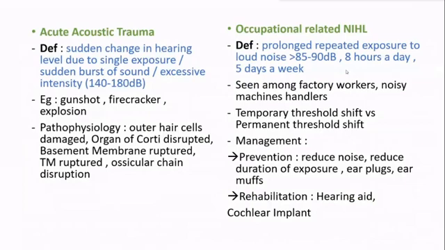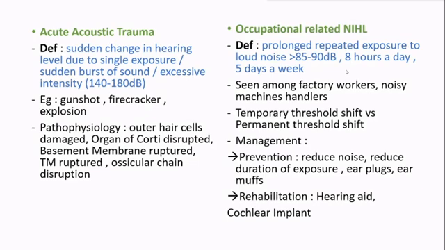Usually with acute acoustic trauma, when you ask the patient's history, they might have been exposed to a loud gunshot or explosion. It's a sudden exposure to this loud noise. When you're exposed to sudden, super loud noise, the ear has a protective mechanism where the muscles which attach to the ossicles will contract to protect the inner ear.